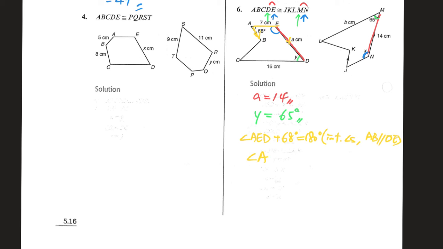So you've got angle ADE to be 112 degrees immediately. The main point to note is that this angle matches to x in the second figure. So these two angles are equal to each other. That's why x will be 112 degrees finally.